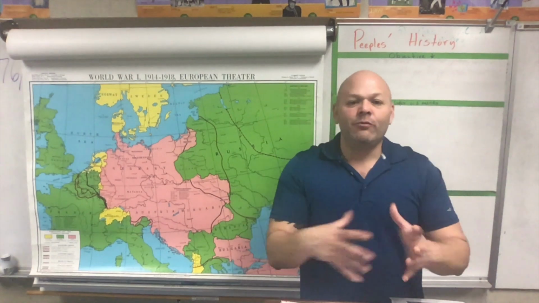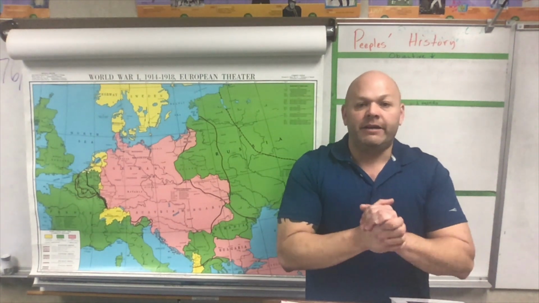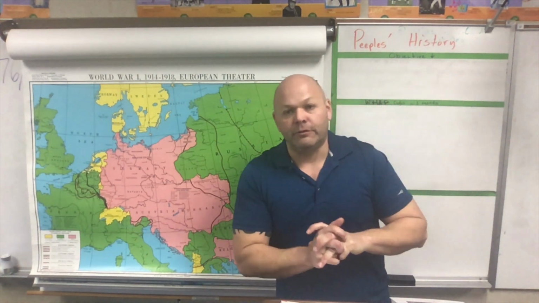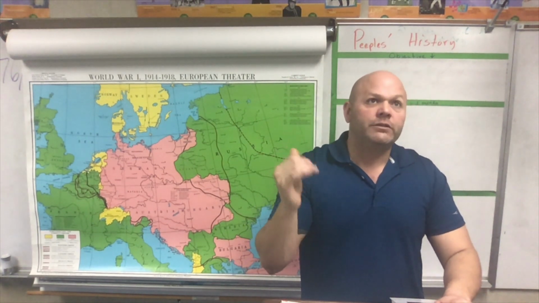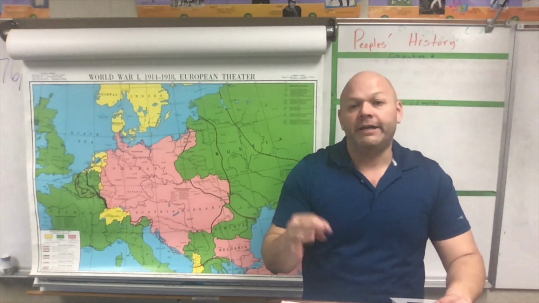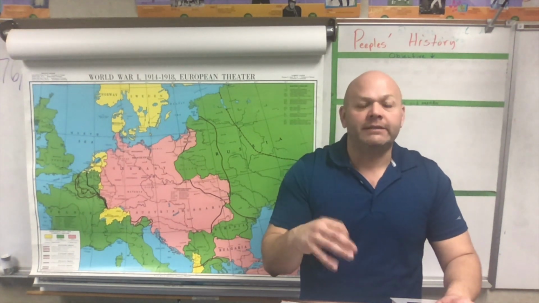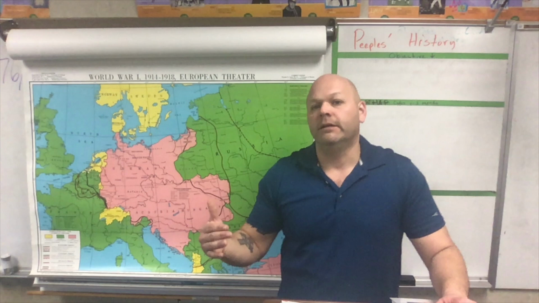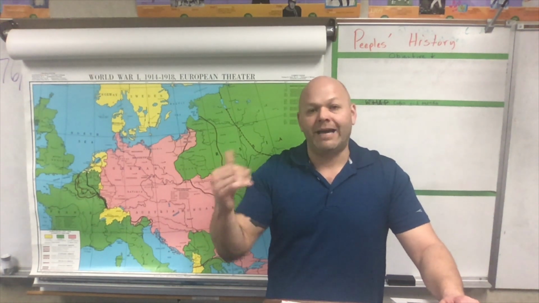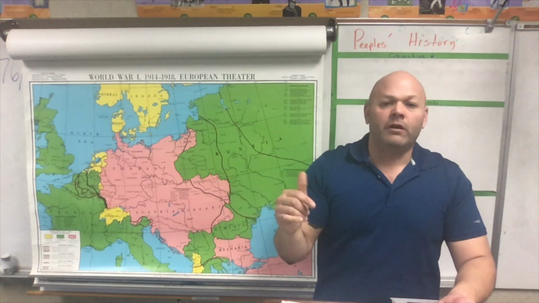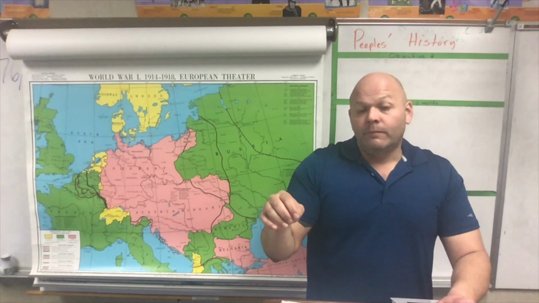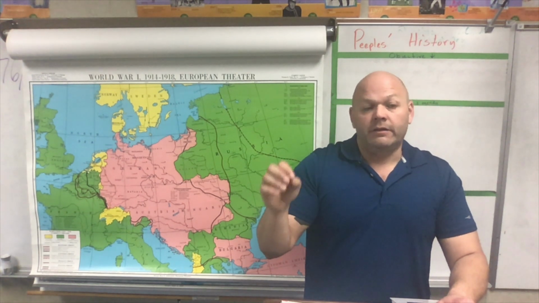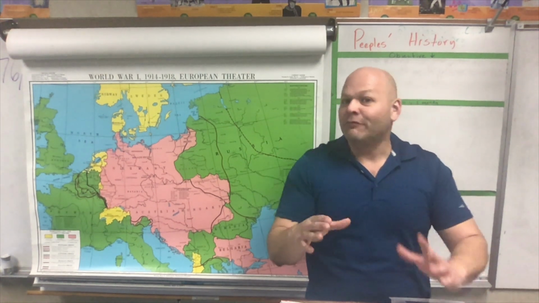So since he was assassinated in Sarajevo by a Serbian national, the Austro-Hungarians declared war on Serbia because of that assassination, which then forced Russia, who was allies with Serbia, to declare war on Austria, right? Now the United Kingdom, Germany, it gets confusing, guys, I promise.